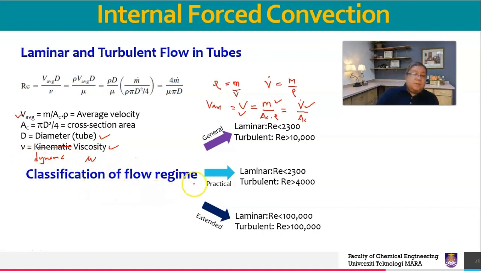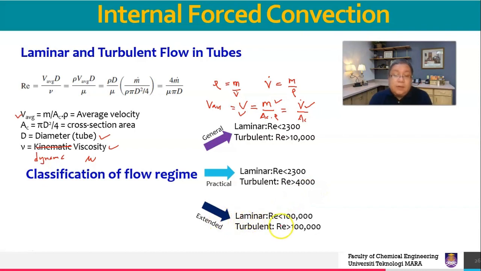Classification of flow regime for internal forced convection inside the tube: the range for laminar and turbulent is a bit lower if compared with the previous external forced convection. Practically, turbulent is more than 4,000.